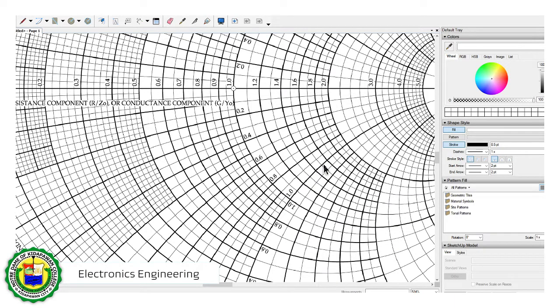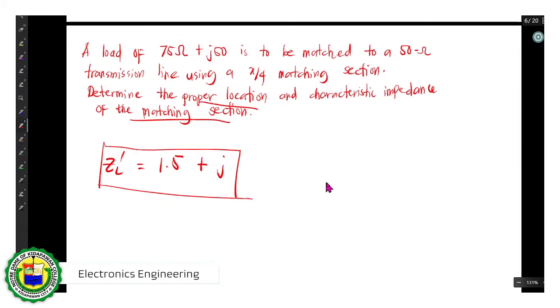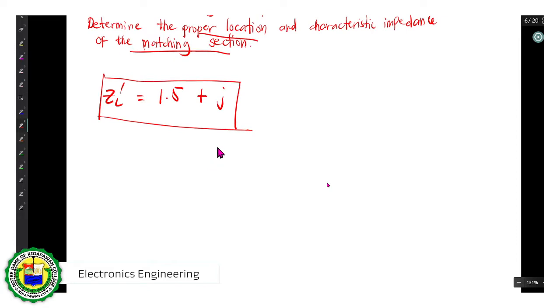So let me draw that. Draw a small circle to specify that point. Now we have plotted the point for our ZL.